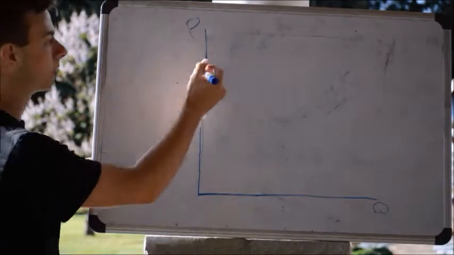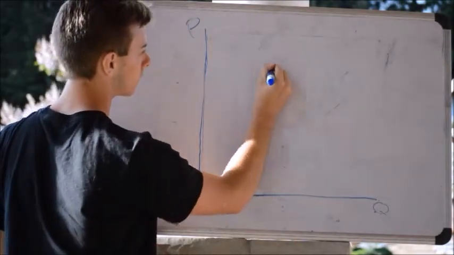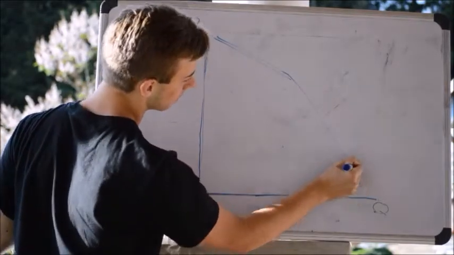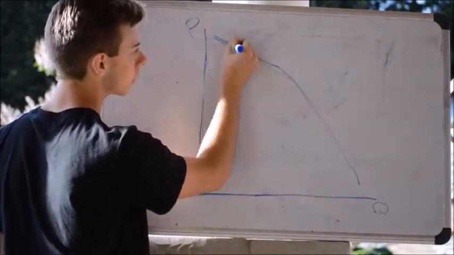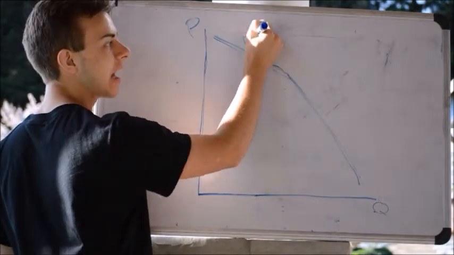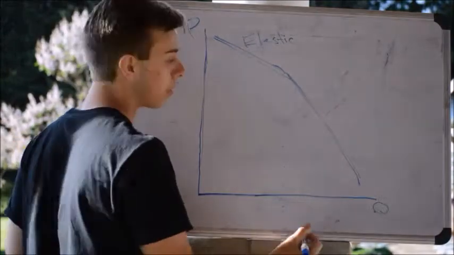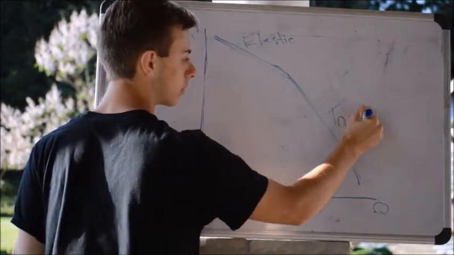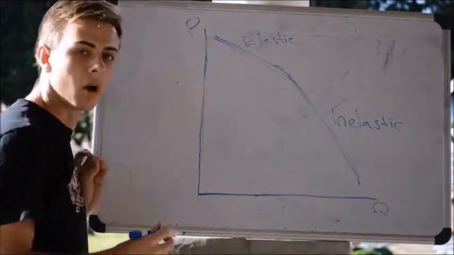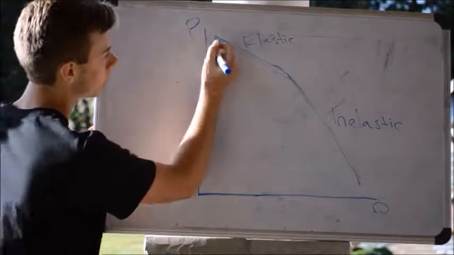To start this off, like I said, you're going to have the kinked demand curve, like so. This area of the demand curve is the elastic range, and the steeper sloping part is the inelastic range. Now for the marginal revenue line, there is a great drop off where the kink begins.